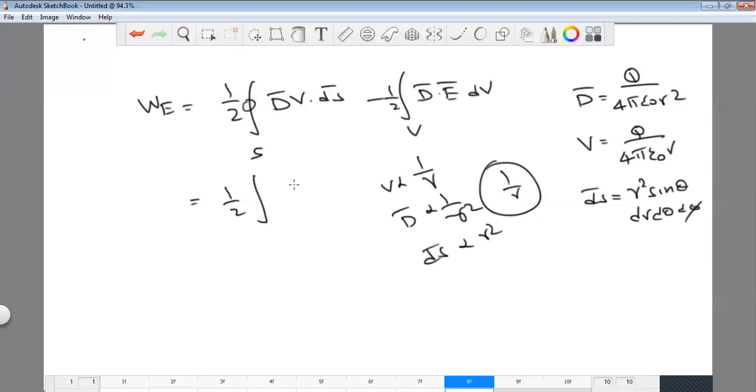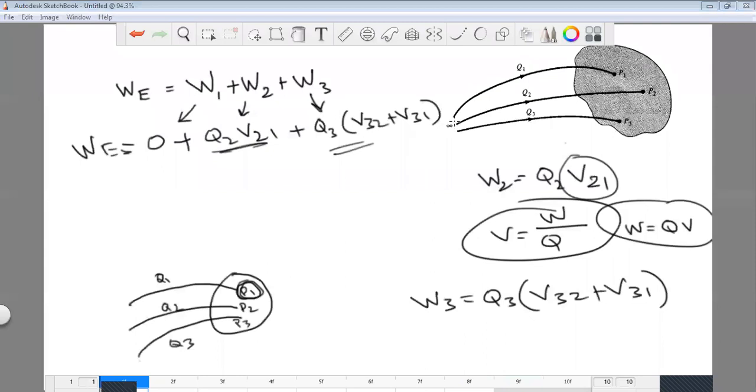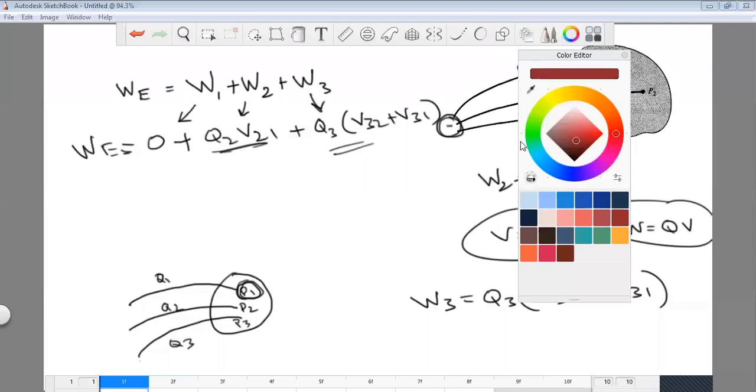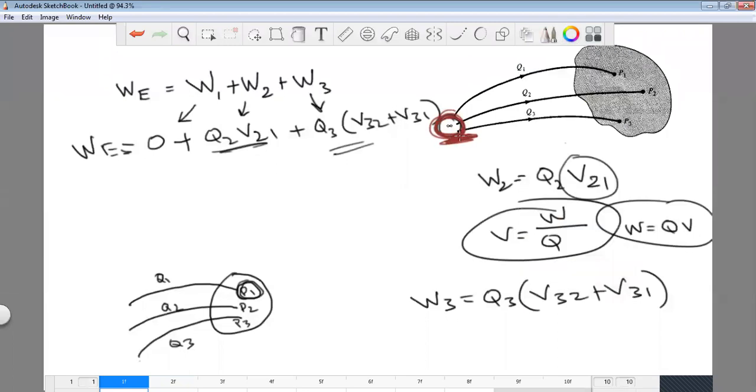Where does this infinite value come from? We are going to move the point charge from infinity. That's why you can take the r value as infinite.